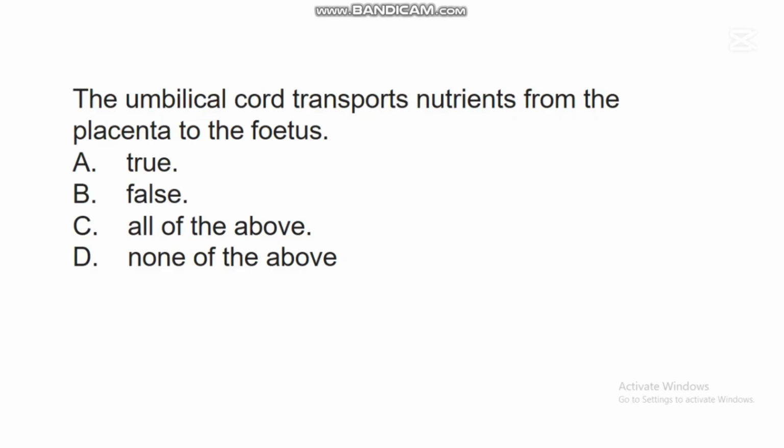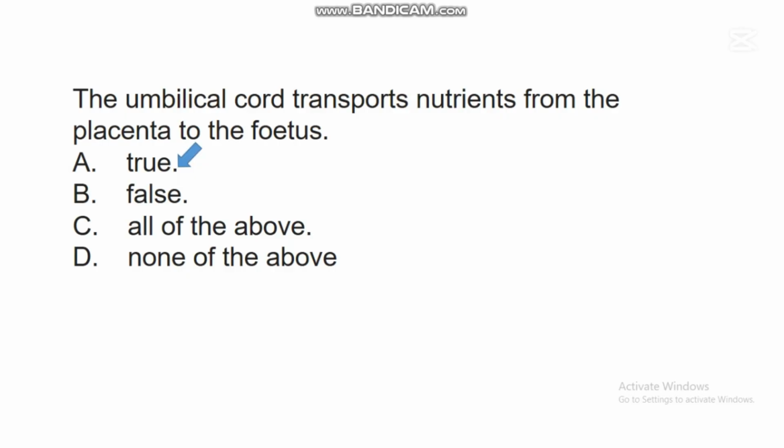The next question says, the umbilical cord transports nutrients from the placenta to the foetus? A. True. B. False. C. All of the above. D. None of the above. In this question, the correct answer is A. True.